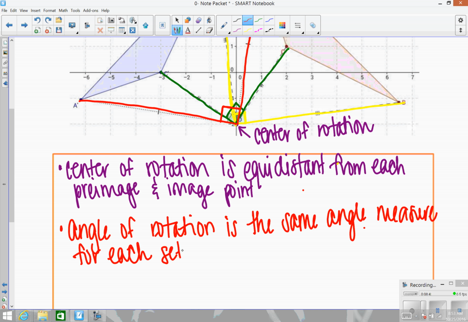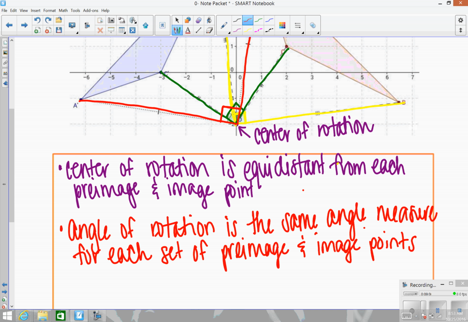I'm going to say for each set of pre-image and image points. So that's going to be important.